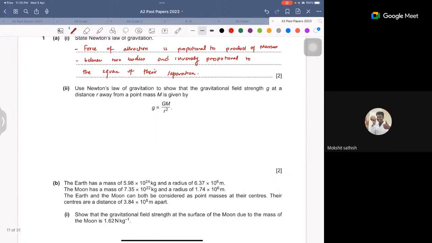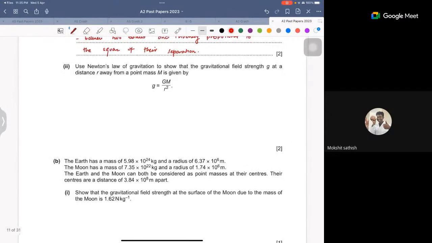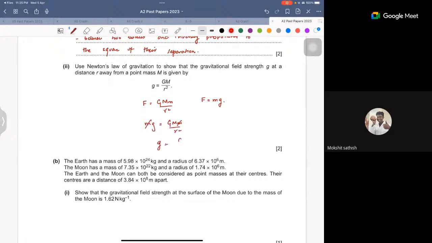Now it says use Newton's law to show that the gravitational field strength is this. So F is equal to GMm over r squared, and also F is equal to mg, which is the force. So you can put mg equals GMm over r squared. m and m will cancel out, so g will be GM over r squared.